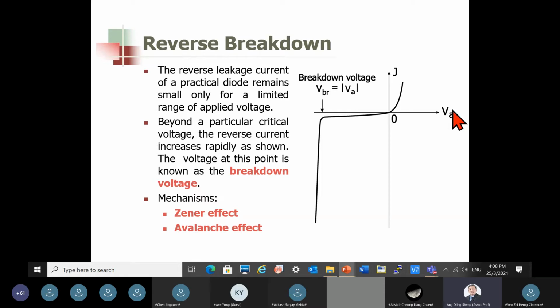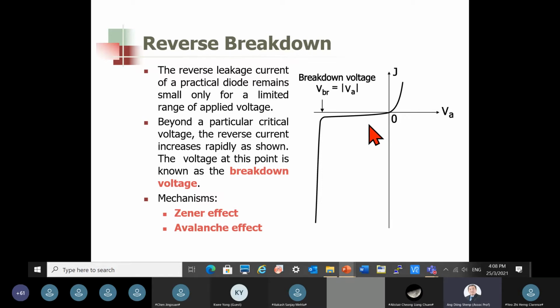When the voltage applied is positive, or in other words, when the diode is forward biased, the current would increase very quickly beyond a certain turn-on voltage, which is approximately the built-in voltage of the diode. On the other hand, if you apply a reverse bias, or in other words, VA is negative, the current is very small. So we have discussed all this last week.